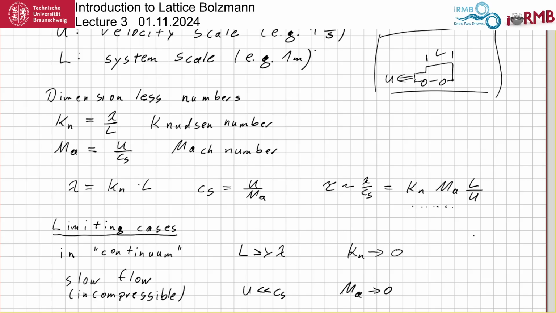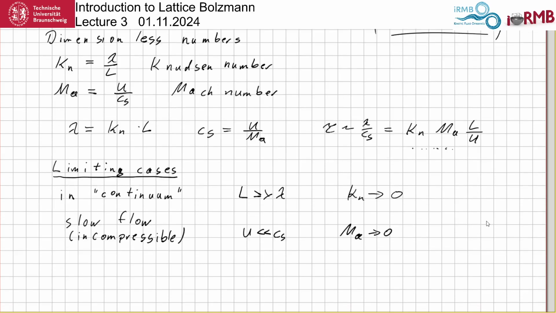By the way, you still have fluid dynamics when the Mach number is not going to 0, so the only important assumption is the first one. The second one is just for our convenience, because we've already used up half an hour of the lecture. Now this will lead us to the incompressible continuum limit.